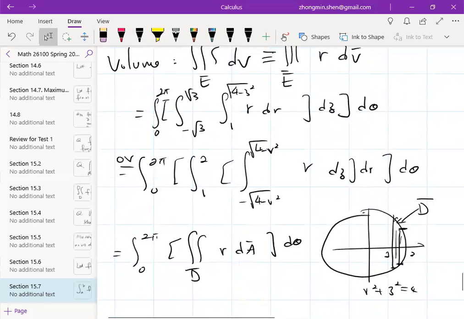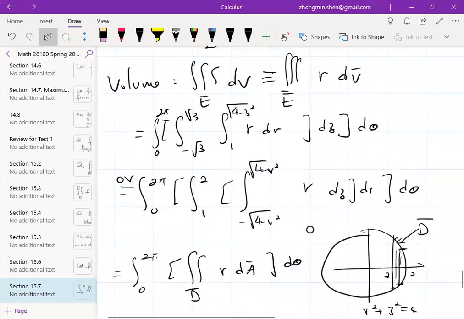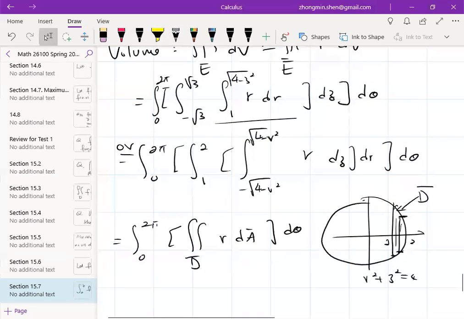Now, which one is better when you evaluate? I think for the second one you have to use a substitution. How about the first one? The first one, you don't need to use substitution. You will get the antiderivative, half of R squared, then you take a difference.